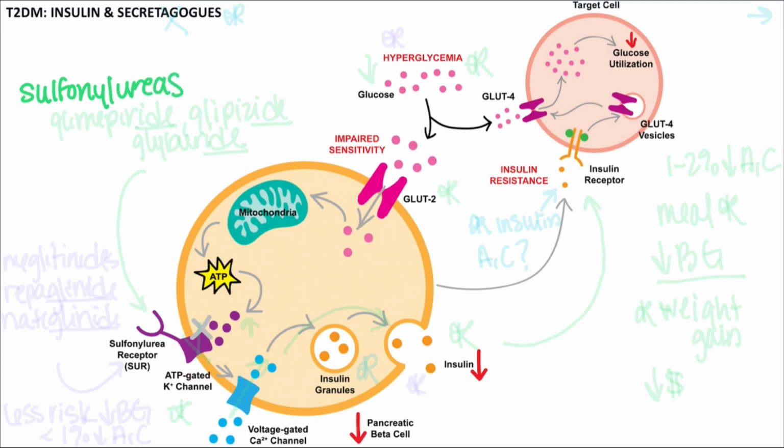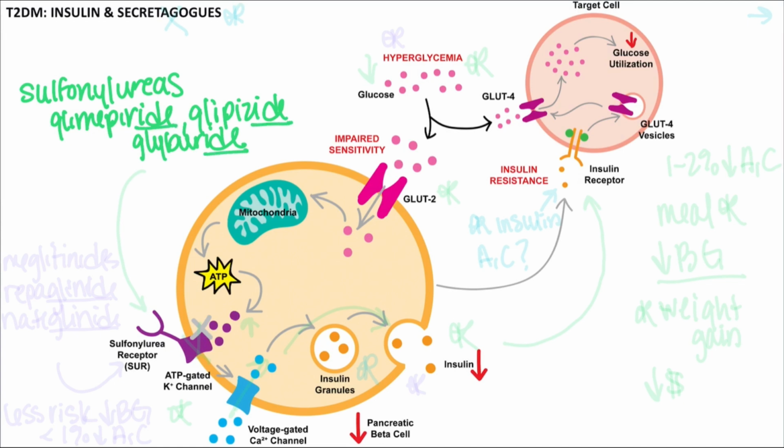And these would be agents like glimepiride, glipizide, and glyburide. And these agents are second-generation sulfonylureas, and these are really the only ones that we use today, all of which are going to end in IDE.